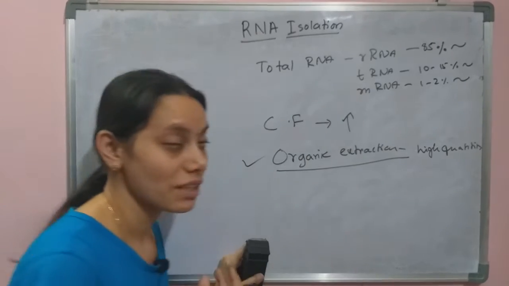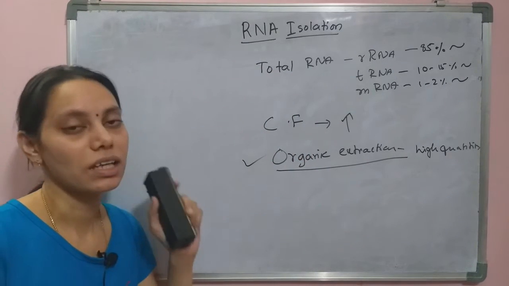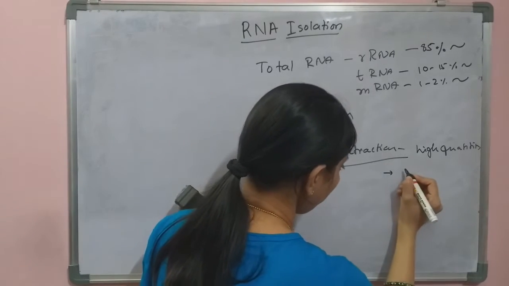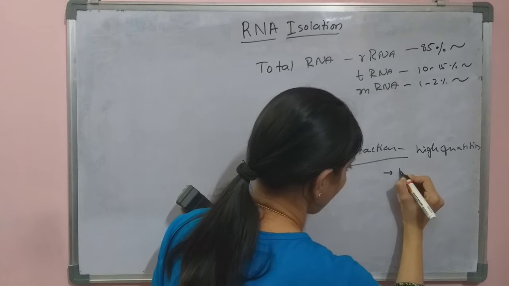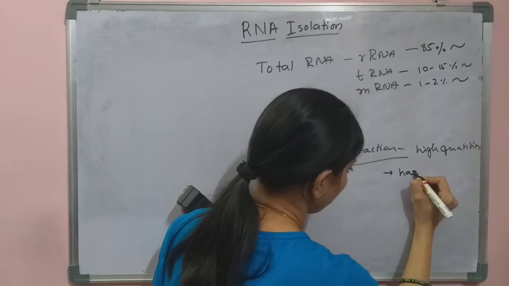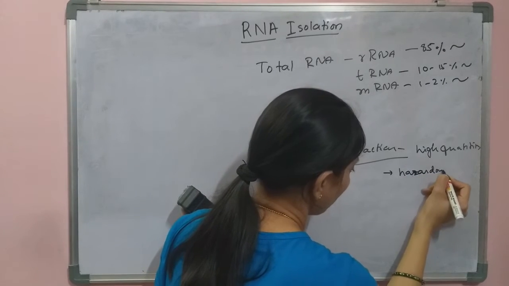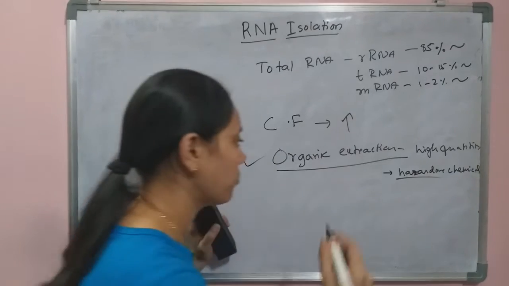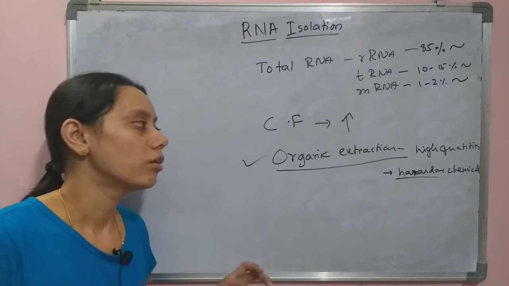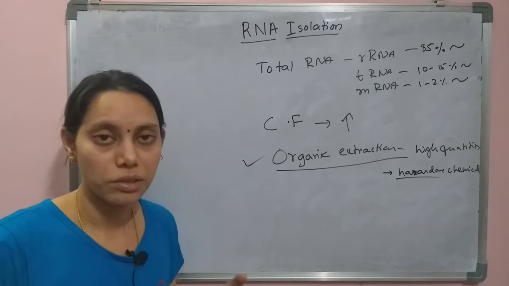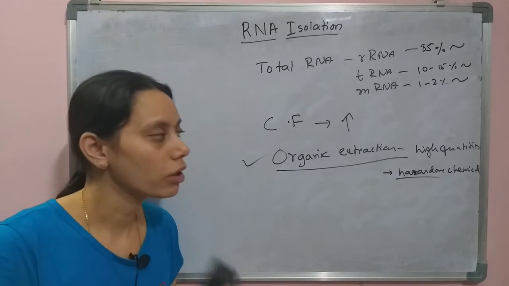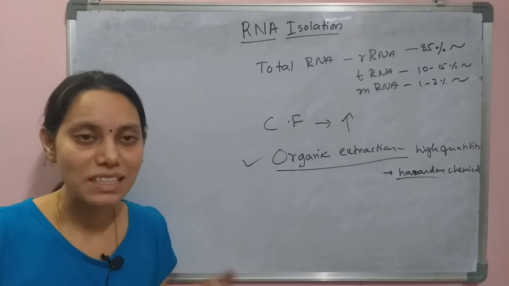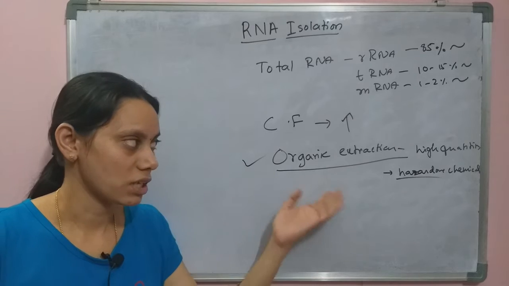The basic disadvantage with this method is the hazardous chemicals we are going to use. Generally we use guanidinium thiocyanate, phenol, chloroform. All these are hazardous chemicals, so that is the major disadvantage with this organic extraction method.